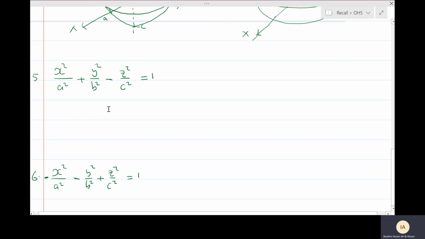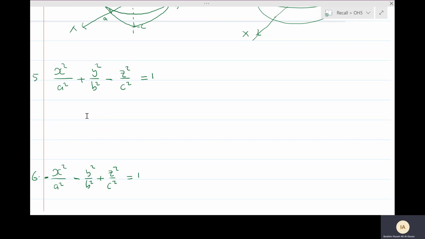Well, the traces will be the following. When z equals 0, you get an ellipse. If x is a number or 0, you get a hyperbola. If y is 0 or a number, you get a hyperbola also. So the traces will be hyperbolas and ellipses. Now, let me see the graph here.